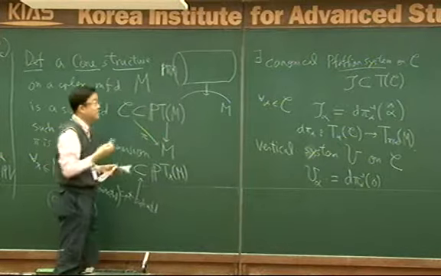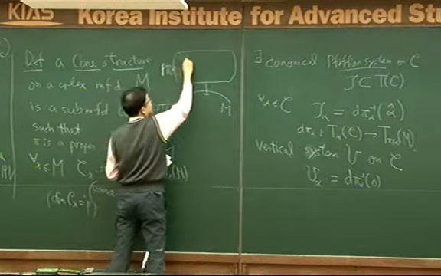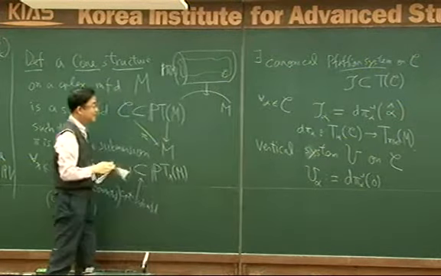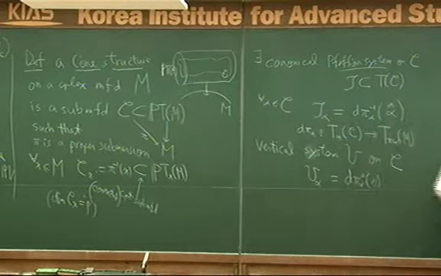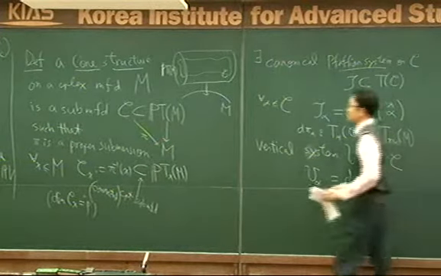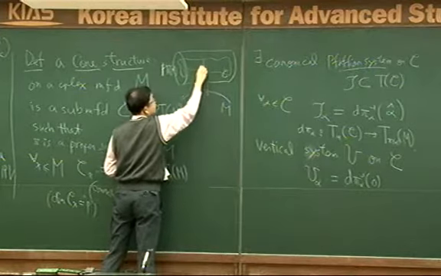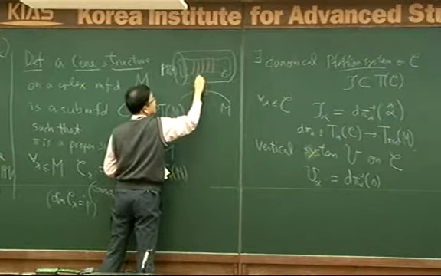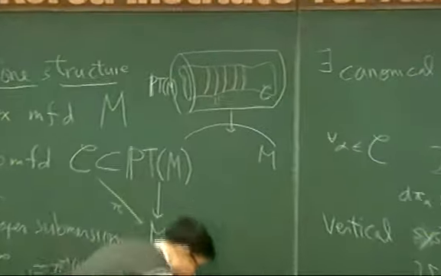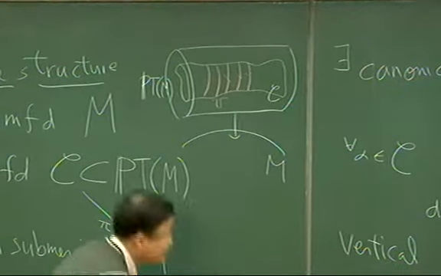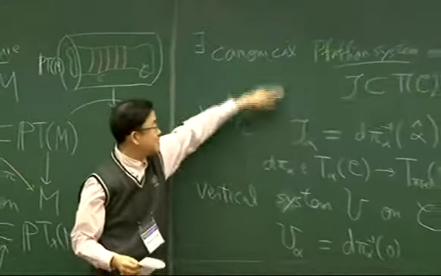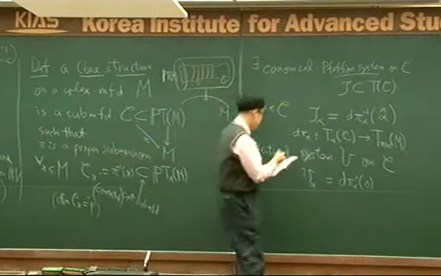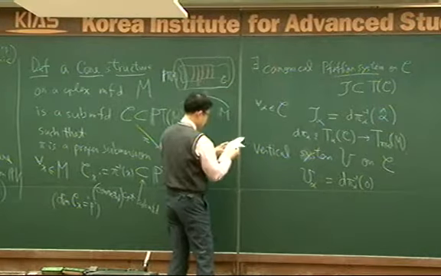And a cone structure just means some submanifold here. This is C. And the vertical distribution is just these vertical fibers. These are V. And then we have this canonical Pfaffian system T. That's something here, but let me define one more terminology before drawing the picture.